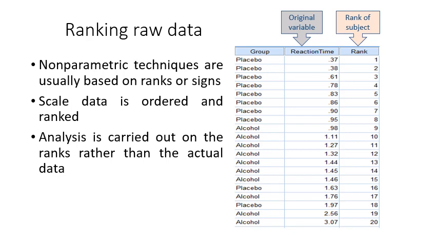Non-parametric techniques are usually based on ranks, as previously mentioned, and if there is scale data, it is ordered and ranked, and analysis is carried out on the ranks rather than on the actual data itself.